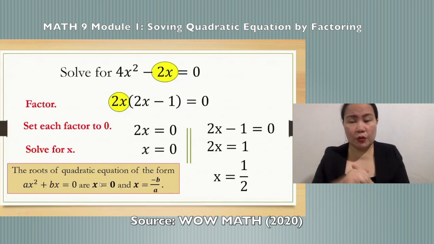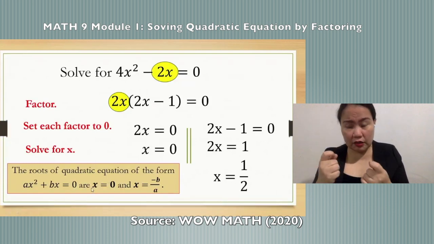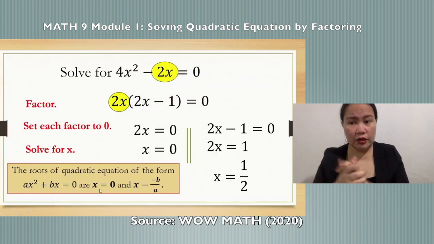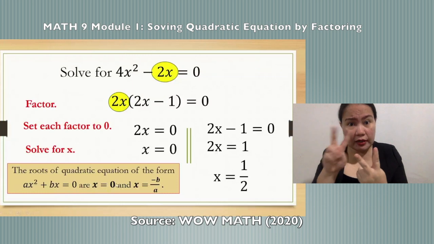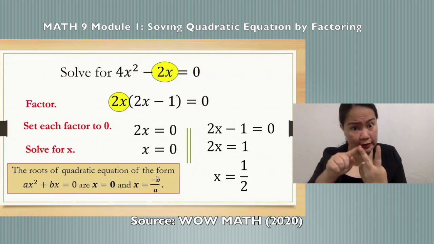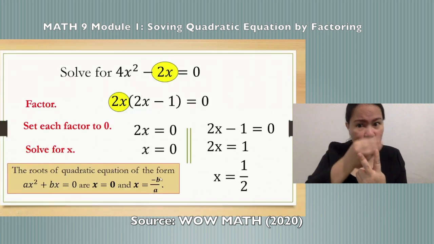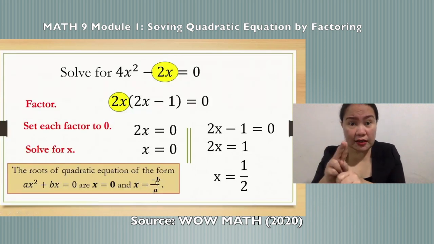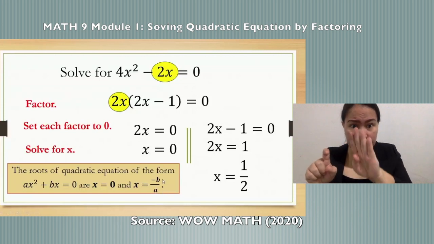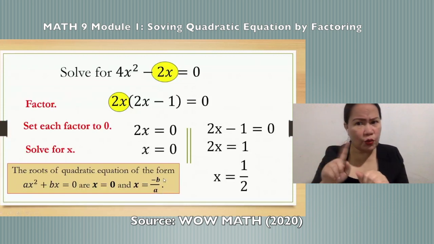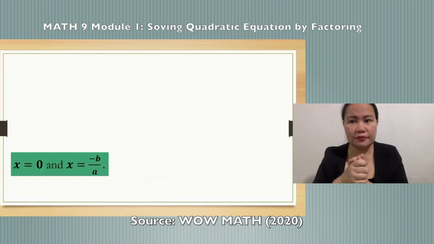Alam natin na in this form of ax squared plus bx is equal to 0, ang laging sagot ng isang root nyo dyan ay 0. So, ito na lang yung hahanapin natin, yung isang solution nyo, gamit yung x is equal to negative b over a. So, identify lang natin yung value ng b natin saka ng a. Let's try this example.